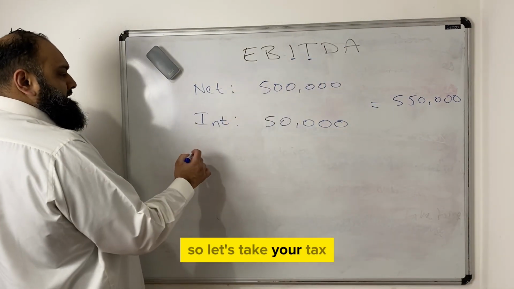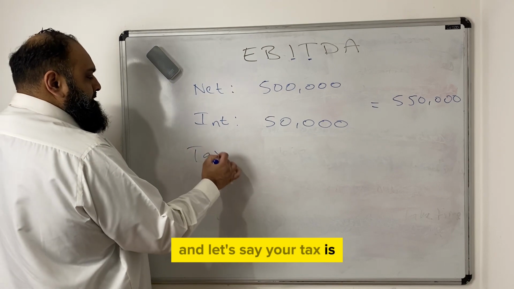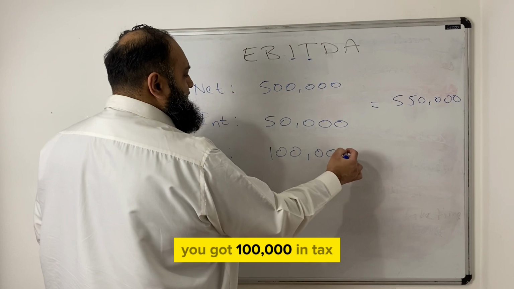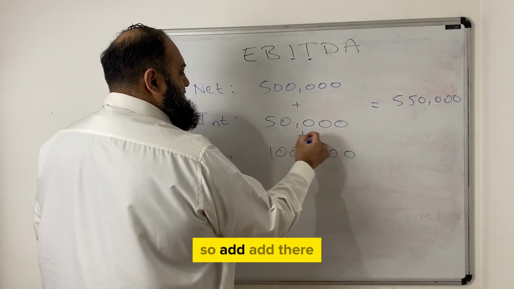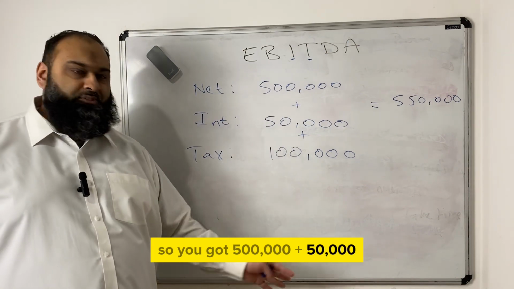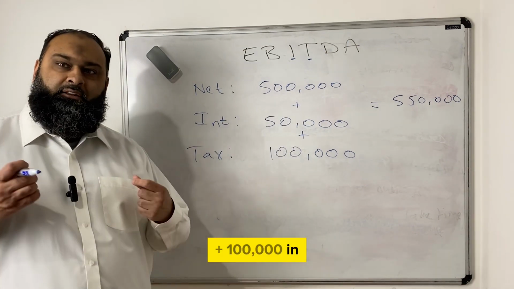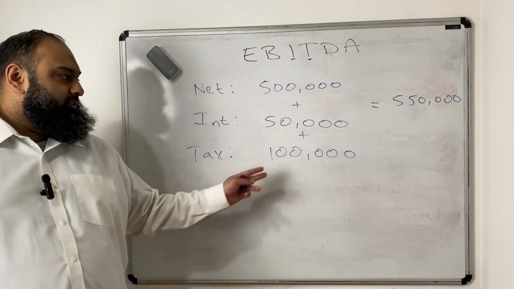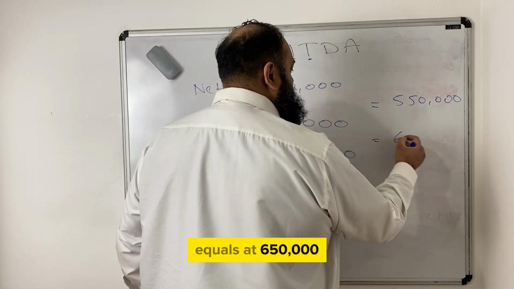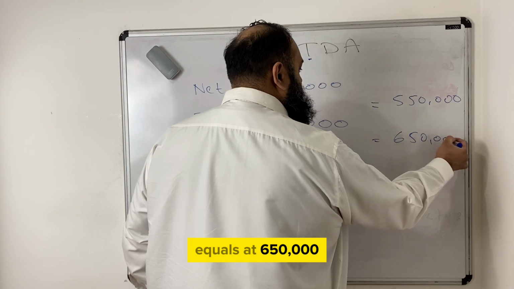The next one is your tax. Let's say your tax is 100,000. So you've got 500,000 plus 50,000 plus 100,000 in corporation tax, tax on profits. So now it equals 650,000.